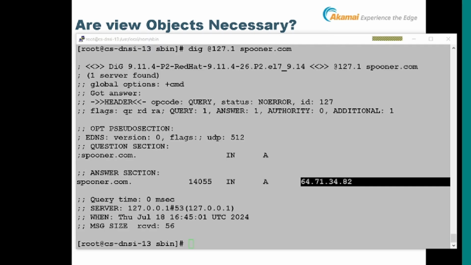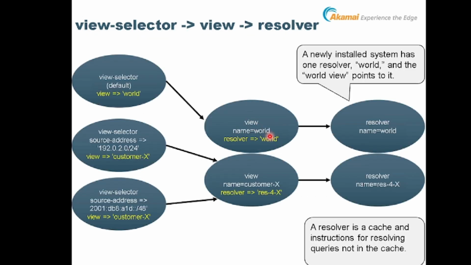That's what we see in the picture. We can have millions of view selectors. We could have millions of views. And each of these views may have policies attached to it. And the policy may say, don't go to this resolver, but instead do some other thing.